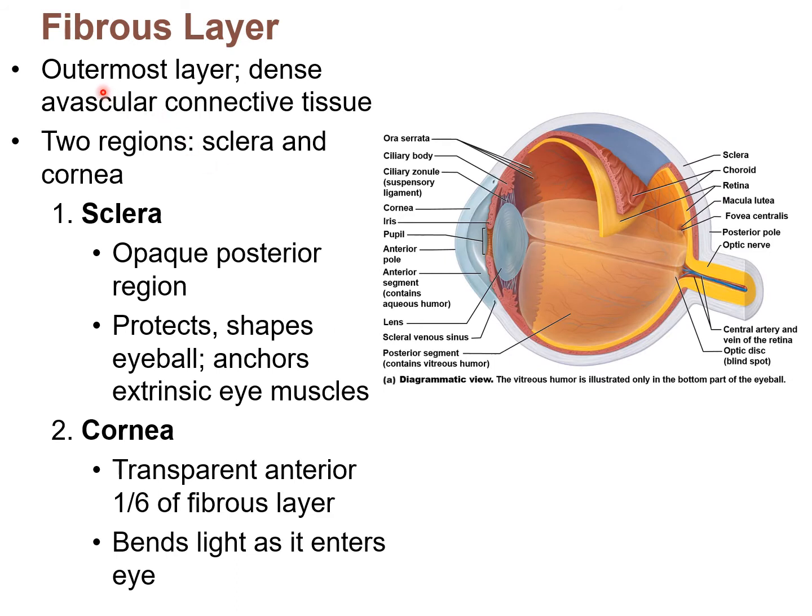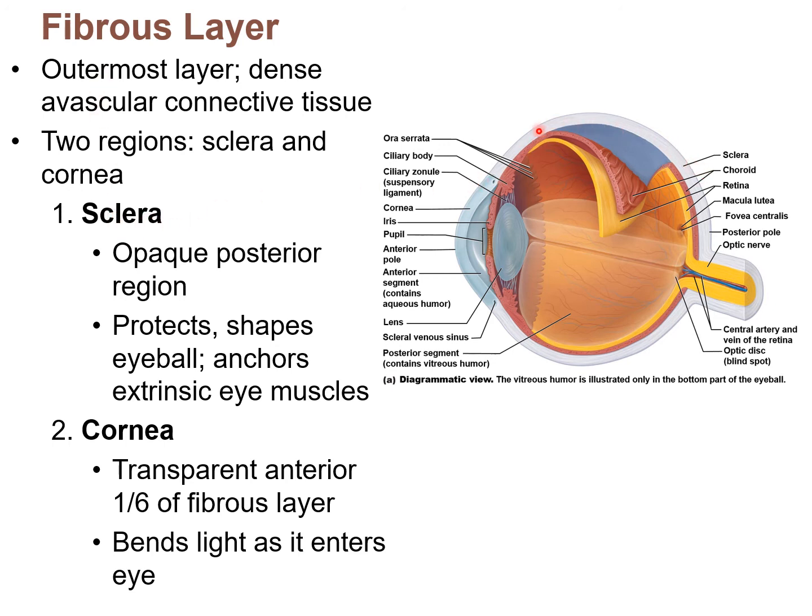Let's start with the outermost layer, the fibrous layer. Fibrous means hard or tough, which it is. And the majority of your fibrous layer is the white part of your eye. The white of your eye is called the sclera. It's hard. Sclera also means hard, just like fibrous.